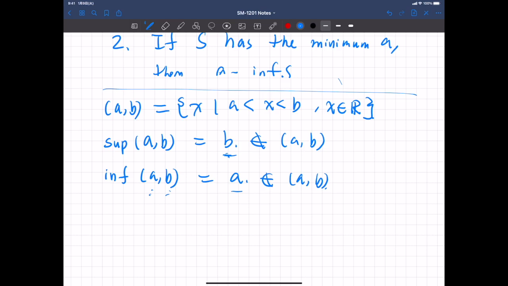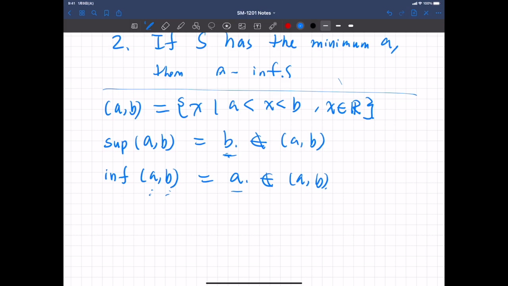So as you can see, supremum is somewhat similar to the maximum of a set, and infimum is similar to the minimum of a set, but they are not exactly the same. But we could say that supremum and infimum are generalizations of maximum and minimum, respectively.